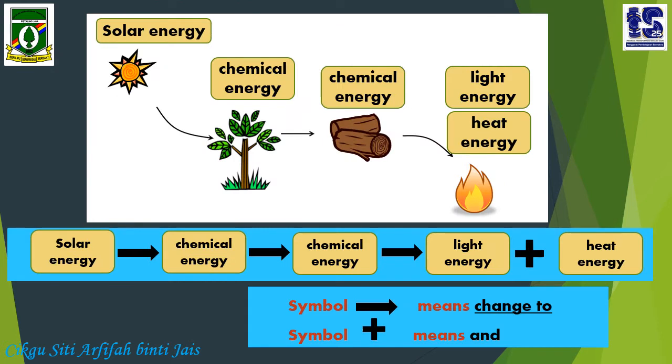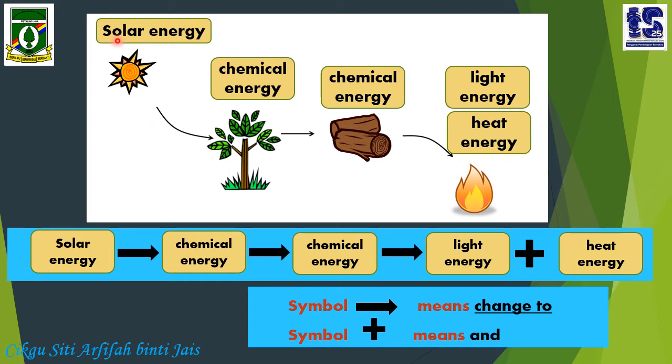This is another situation. Do you remember in the topic of photosynthesis, a plant needs sunlight to carry out photosynthesis to produce its own food? The food is in the form of glucose. It is a chemical.